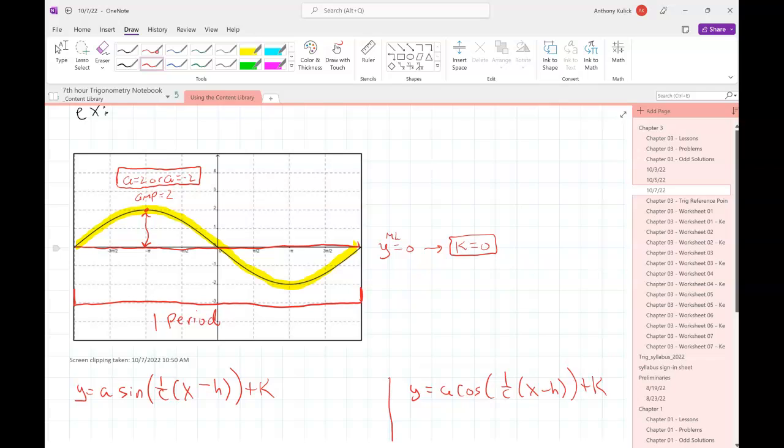If I look at my graph, every tick mark appears to be pi over 2 units. So that means that this piece over here is negative pi over 2. That one there is positive pi over 2. So how far is that period if it's going from -2 all the way to +2? 4, and then we'll just tack the pi on at the end. So 4 pi is the length of our period.